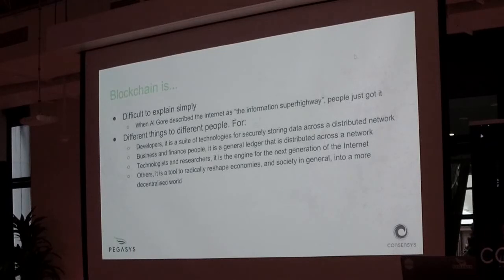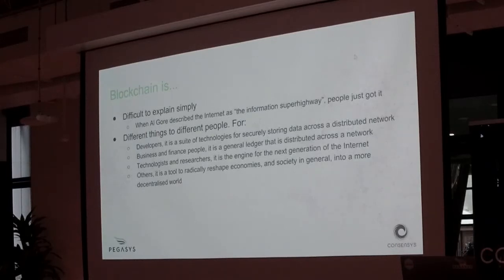And depending on who you are, whether you're a developer or perhaps a business person, blockchain will mean different things to you. If you're a developer, and a lot of my colleagues are here today, developing suites of applications, it's being able to use the technology to develop new applications, to do new things. Business and finance people see it as a whole new way of doing business.